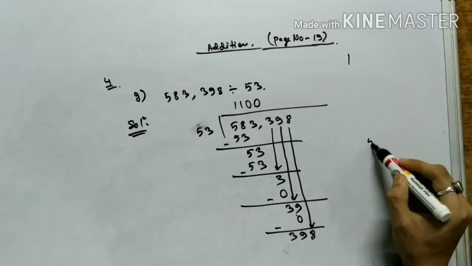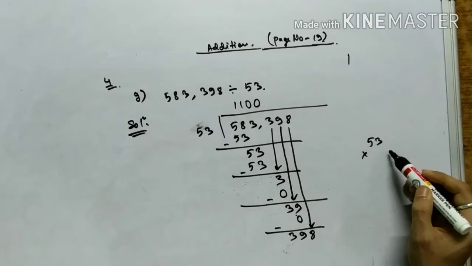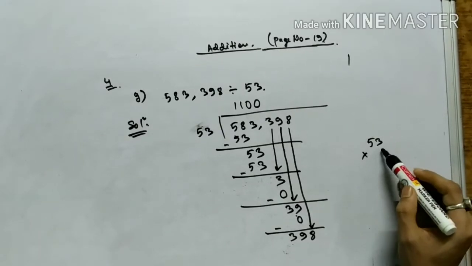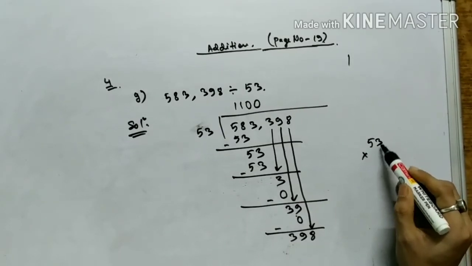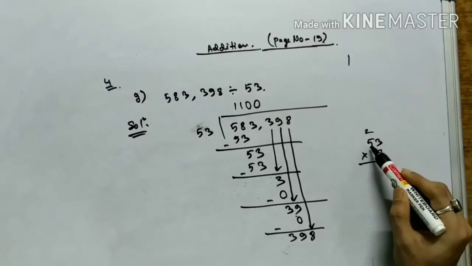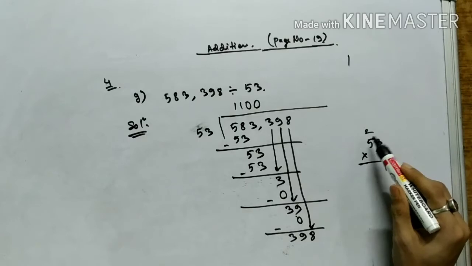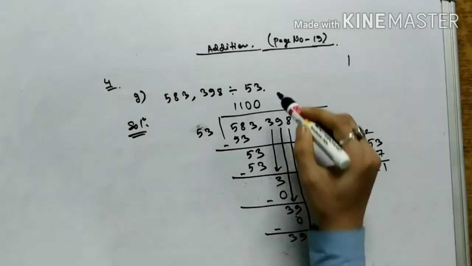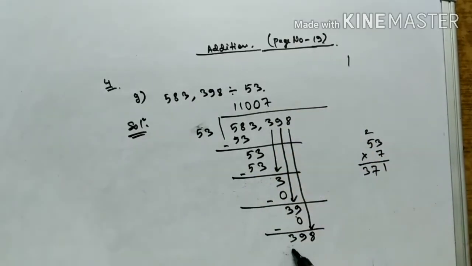So now I will check it. 53 into, you see here, 53 into 7. 3 sevens are 21, 5 sevens are 35, 36, 37. So 53 sevens are 371, and this one I will get 7, this one I will get 2.